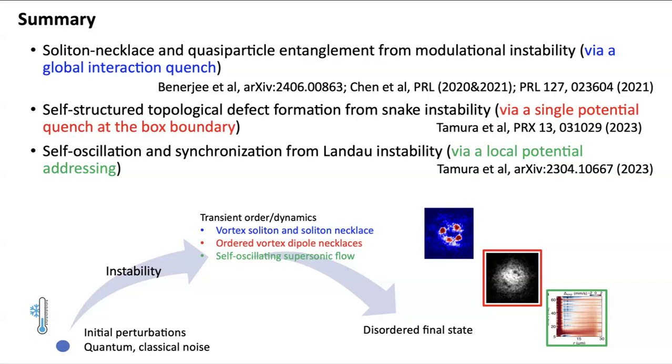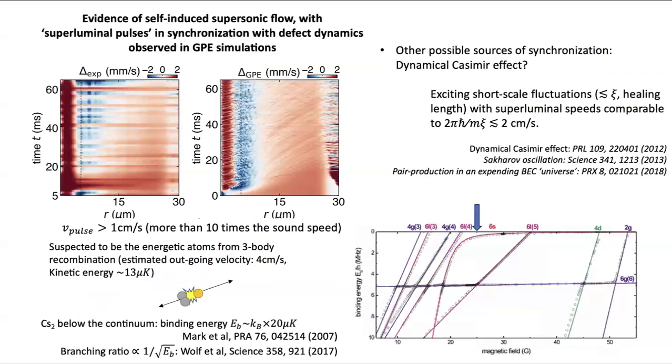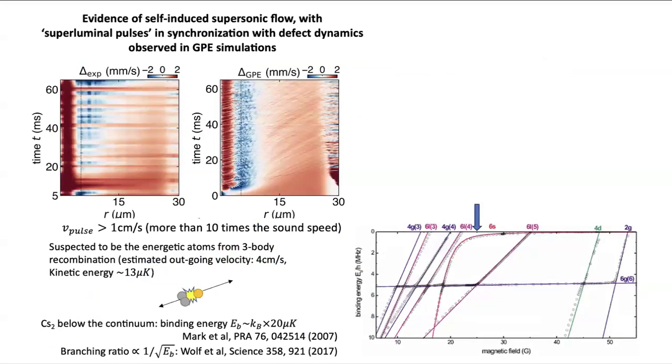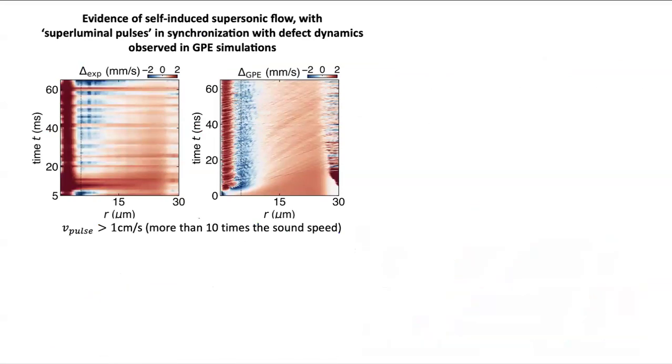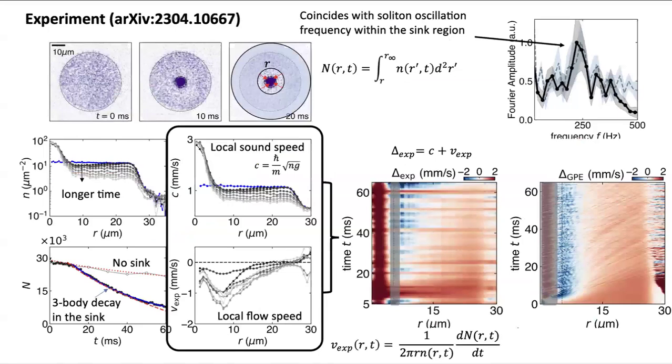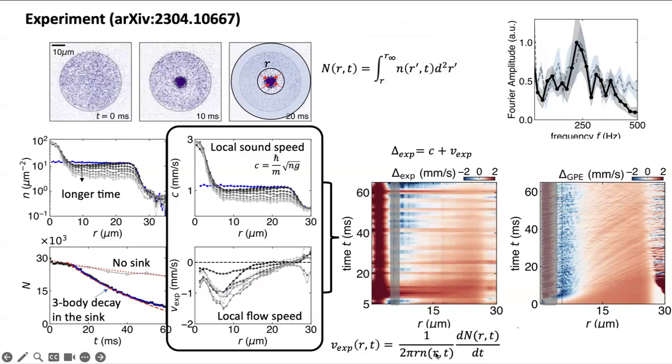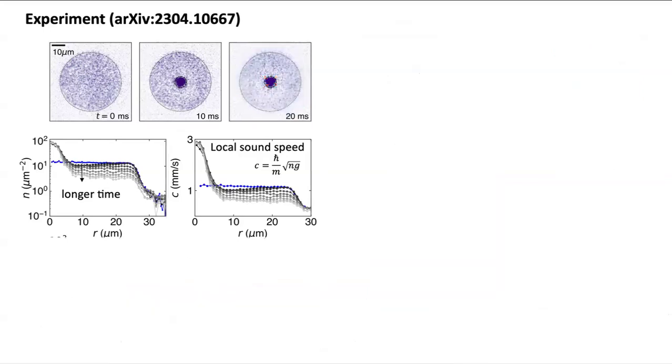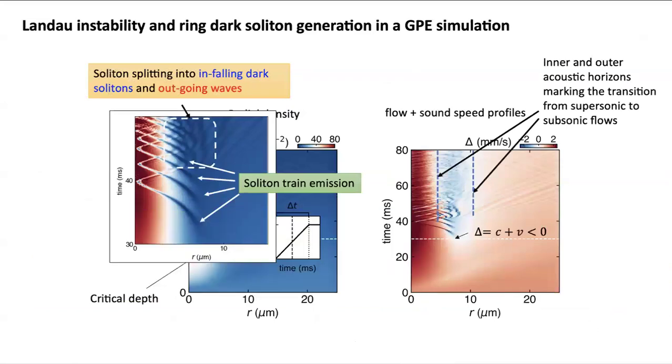That I don't know, so I cannot say that. But actually, experimentally, we do see what's not seen in the Gross-Pitaevskii equation. If you look at the diagram here, this is the flow plus the sound speed profile.